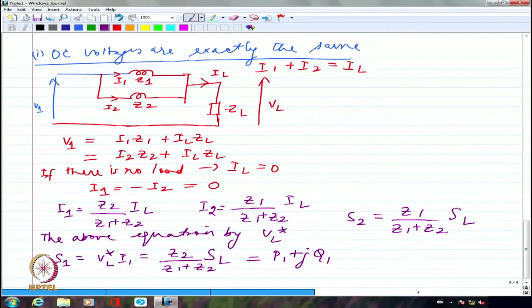If I have, let us say, two 1 kVA transformers, 1 kVA plus 1 kVA, and a 1.5 kVA load coming up, I would like both of them to share that load equally. I want them to take 0.75 each, rather than one of them taking 1, the other taking 0.5.